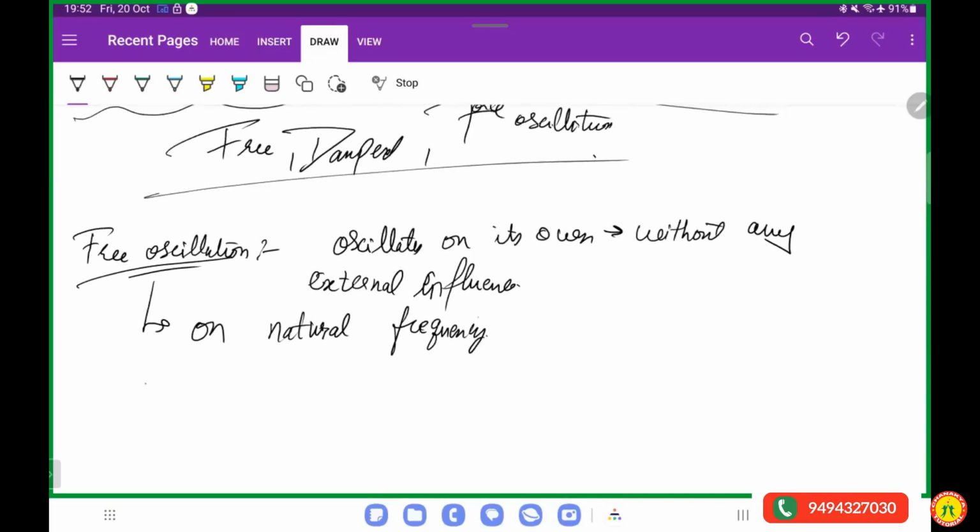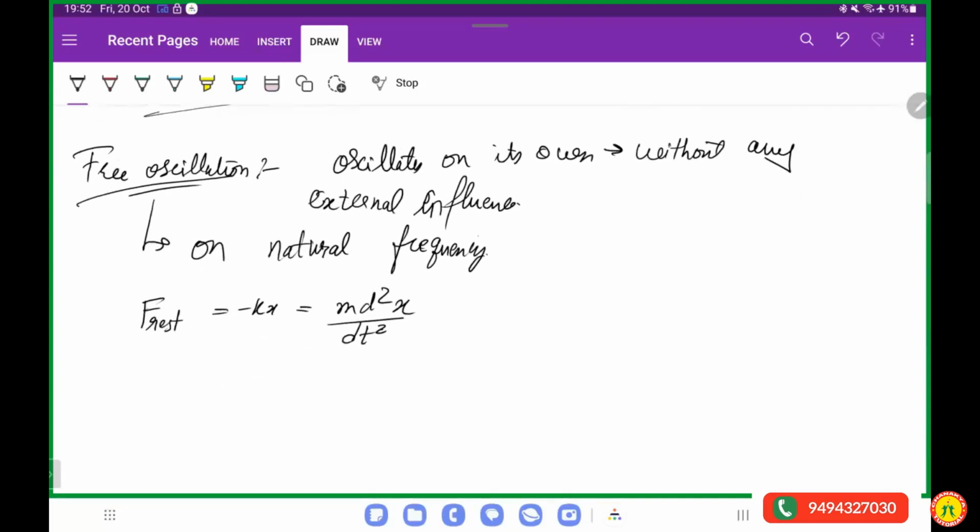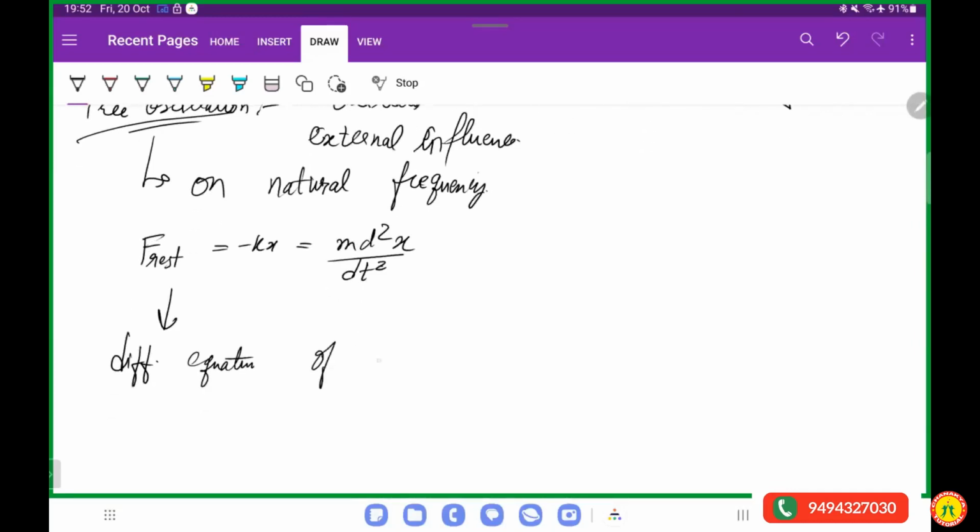So where restoring force equals minus kx equals m d square x by dt square. We need not do the differential equation here. It's fully mathematics side. We'll just write the final form. So if we do the differential expression of harmonic motion, it will become d square x by dt square plus omega square x equals 0.